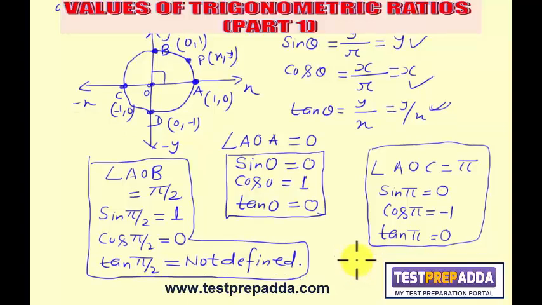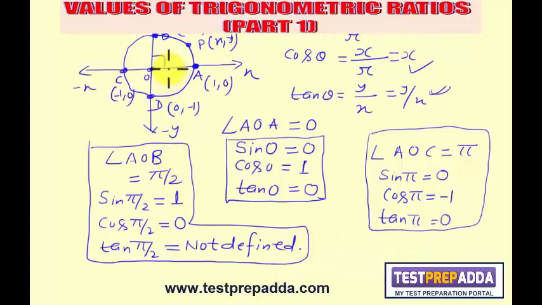Now next, we have talked about this angle, we have talked about this angle, we have talked about the 0 angle. Now we will talk about this angle, meaning angle EOD.